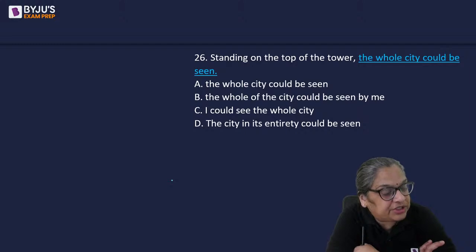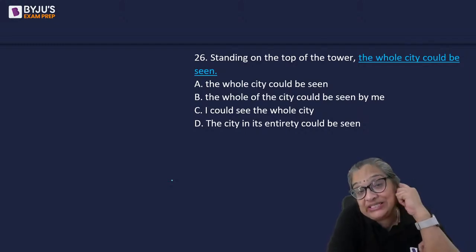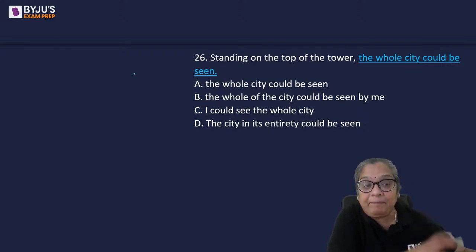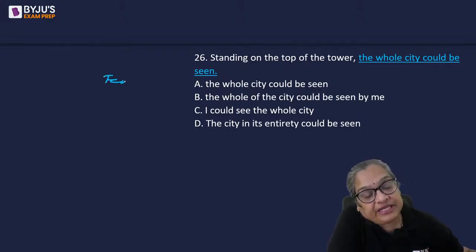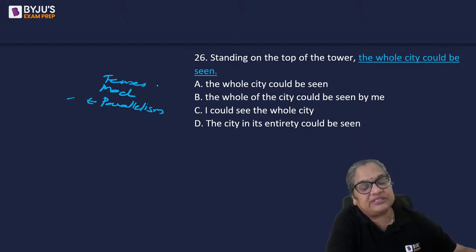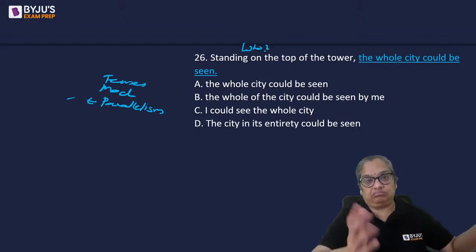Okay, so the first thing, I told you, whenever you get a long sentence, keep in mind rules of tenses, modifiers, or parallelism. In that one about decaying and dying, it was a rule of parallelism. Here it's the case of modifier. Standing on top of the tower. Who is standing on top of the tower?